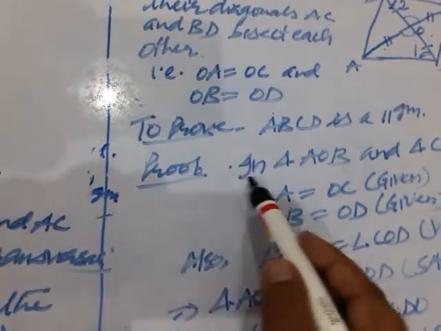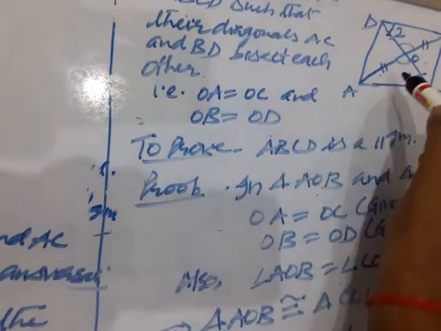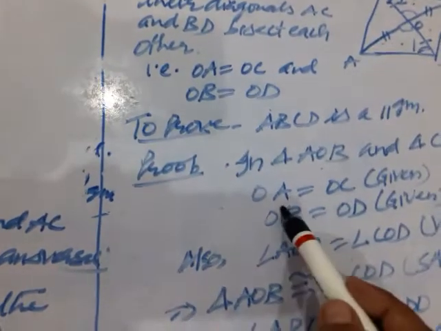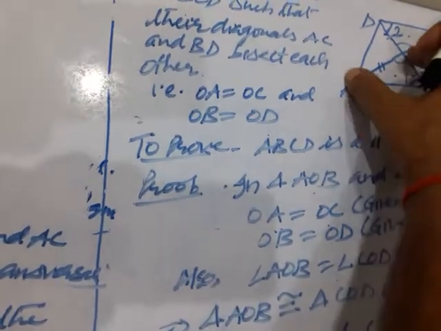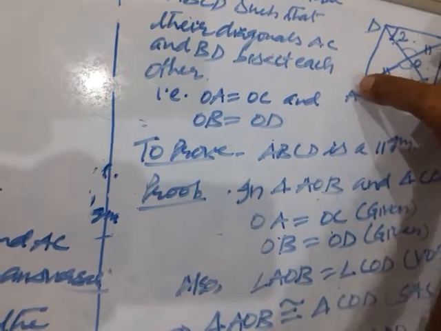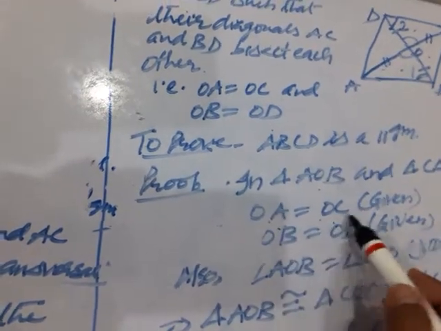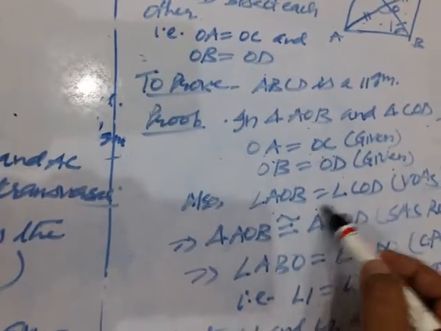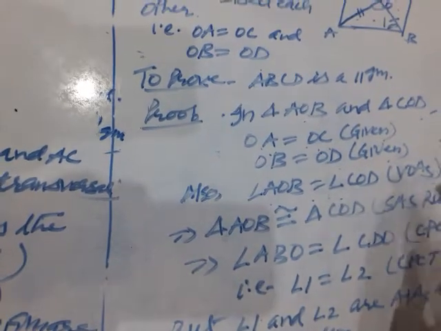Clear? Let us prove. In triangle AOB and triangle COD, here OA equal to OC, this part. See, this equality has been shown with similar markings. OA equal to OC, that is given. OB equal to OD, that is also given in the question itself, and angle AOB equal to angle COD, that is vertically opposite angles.